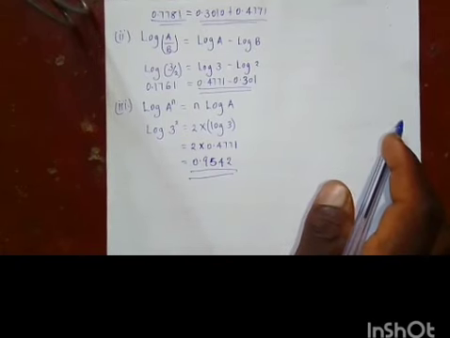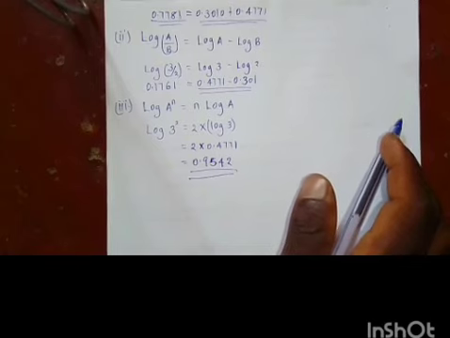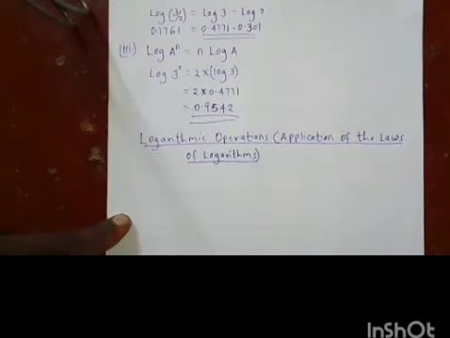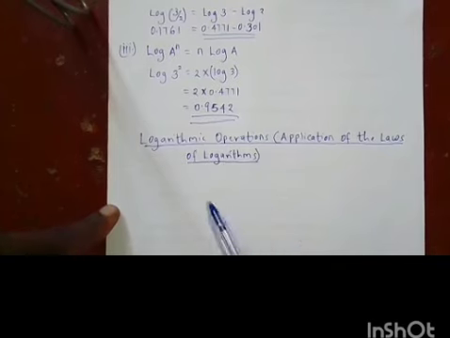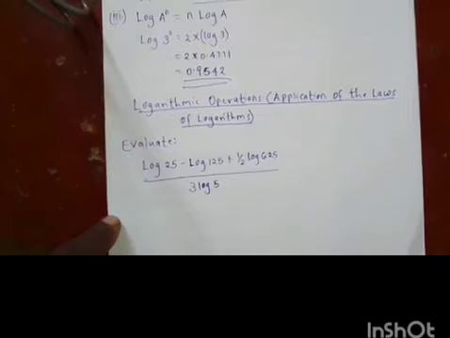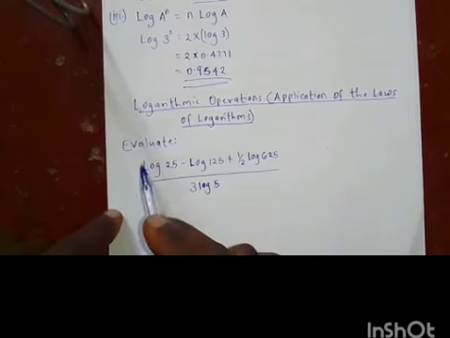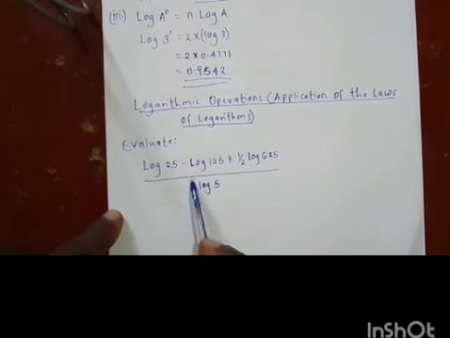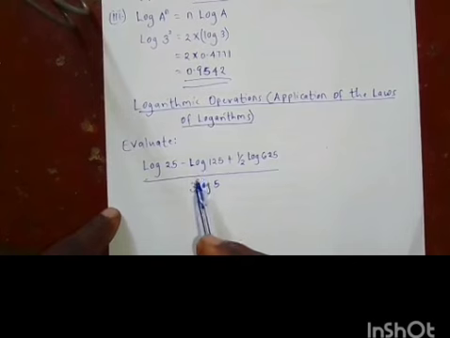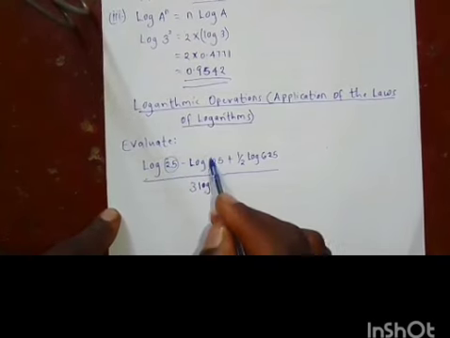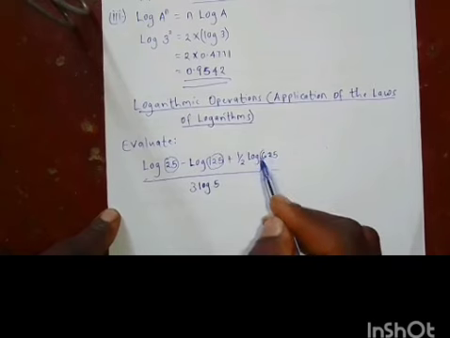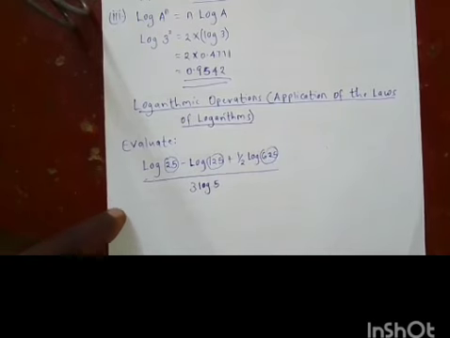So we want to move forward to the logarithmic operations. Those are the applications of the laws of logarithms. So for example, you are asked to evaluate this expression. The first step is for us to express these numbers into their prime factors.